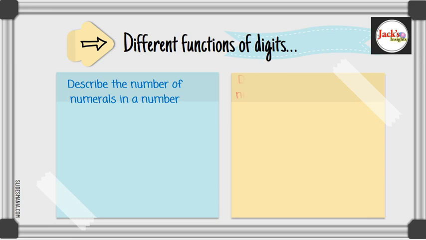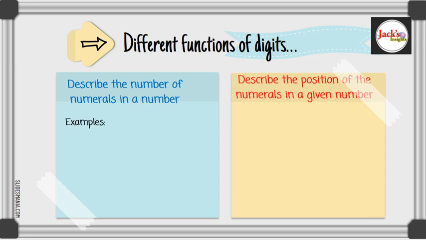For example, we have these examples. The first example is 1, that is a 1-numeral number. It means that it has one digit, so there is only one numeral being used to represent the number.